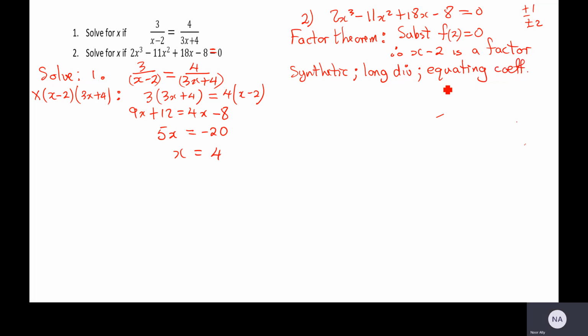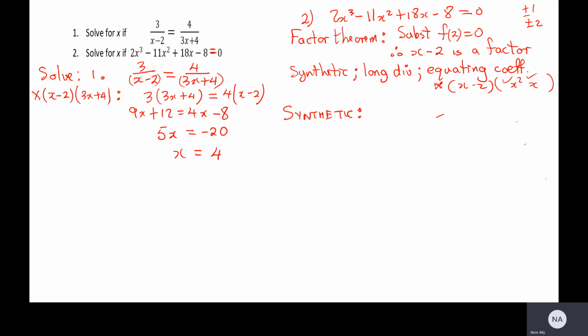Now, what do I mean by that? I'm not going to do it, but remember you did this, x minus 2, and then you did that with the x squared, and used k or whatever, and you worked it out and eventually got your answers over there. So I'm going to use synthetic.